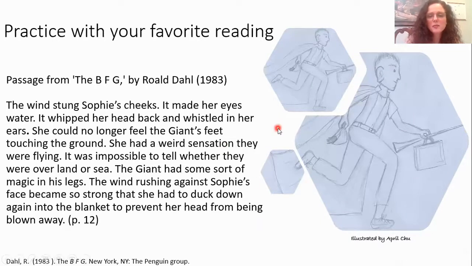So you can practice with your favorite reading. So what I want you to do for this is to find one restricted relative clause in the subject that is of the three types that we talked about. That starts with a present participle, past participle, or adjective.